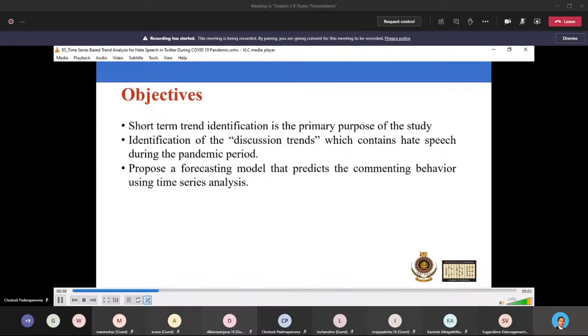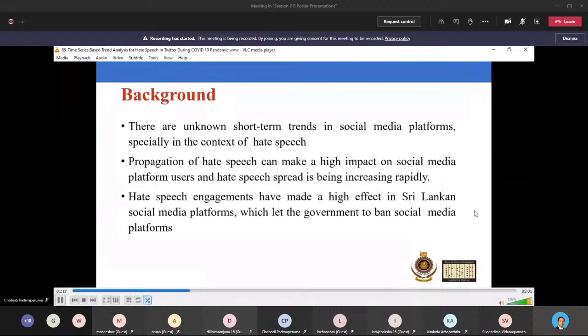which is related to hate speech. And we have scoped down the hate speech discussions during the pandemic period. Finally, we have an objective to propose a novel forecasting model that can predict the commenting behavior using time series analysis. Obviously, in Sri Lanka, we do not have a properly identified hate speech trend line.